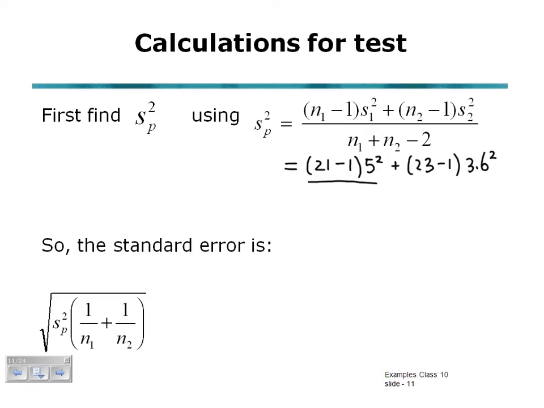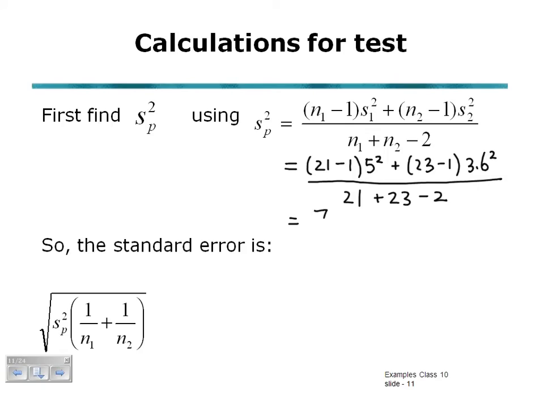The denominator is 21 plus 23, take away 2.